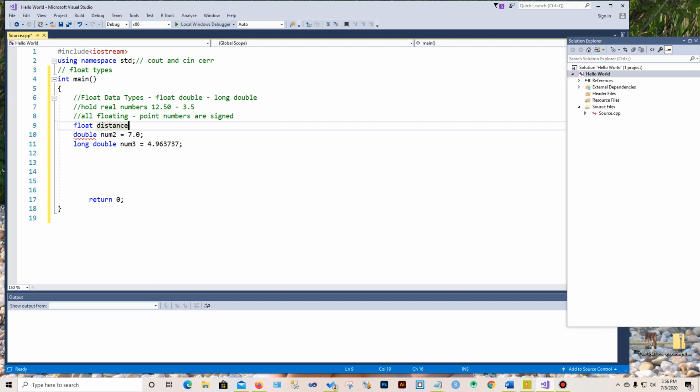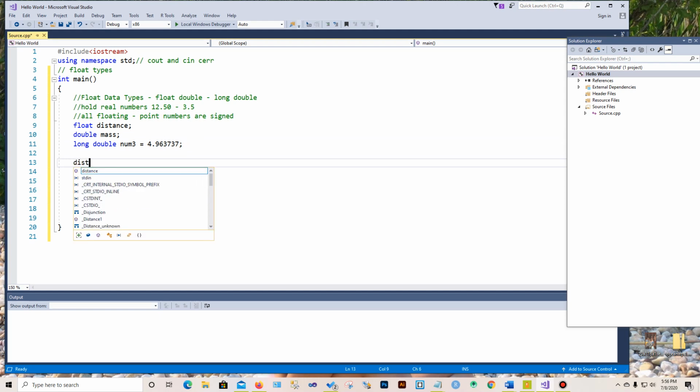So declare one variable called distance, and then another one called mass. Now let's give a distance. It's already declared, so we assign the value 1.4567891E11.